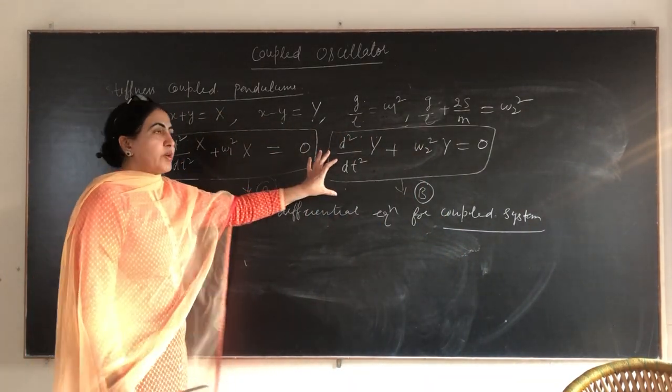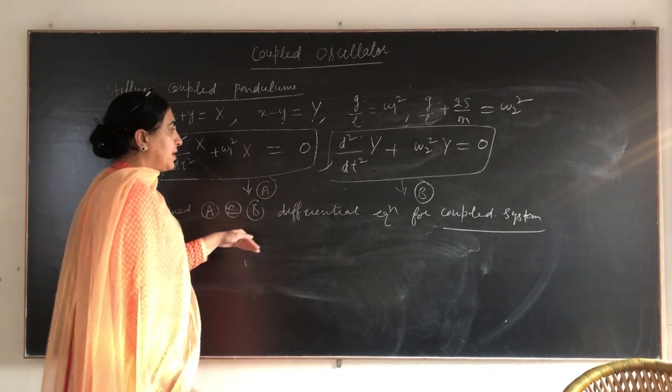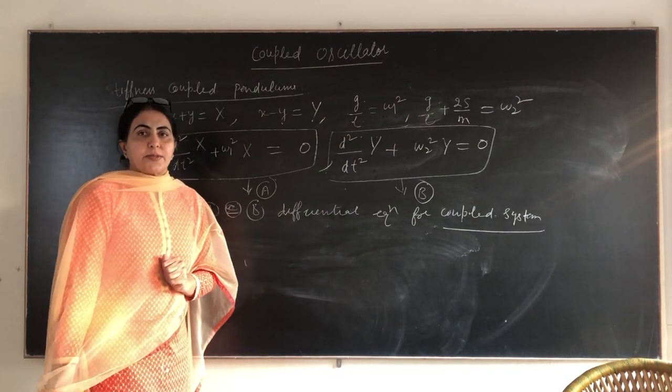So both equations combined give the differential equation for a coupled oscillator.